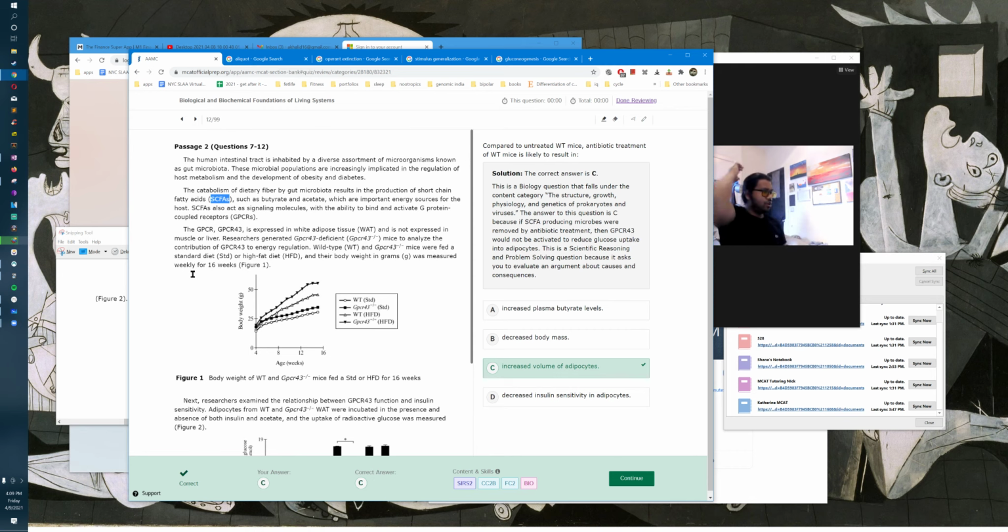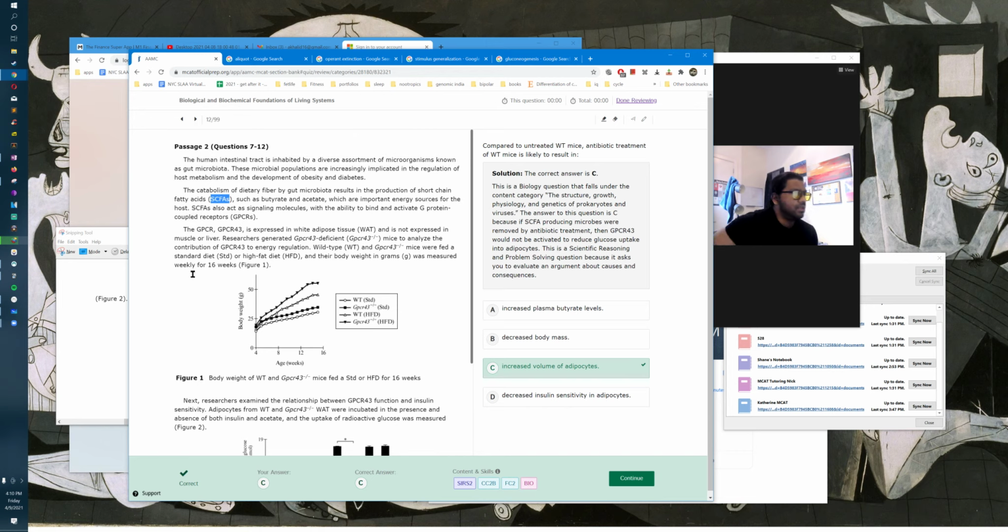So if you give them antibiotics, the microbiota is going to die. The fiber isn't going to be catabolized. Short chain fatty acids won't be made, it seems. So nothing will bind to the GPCRs.